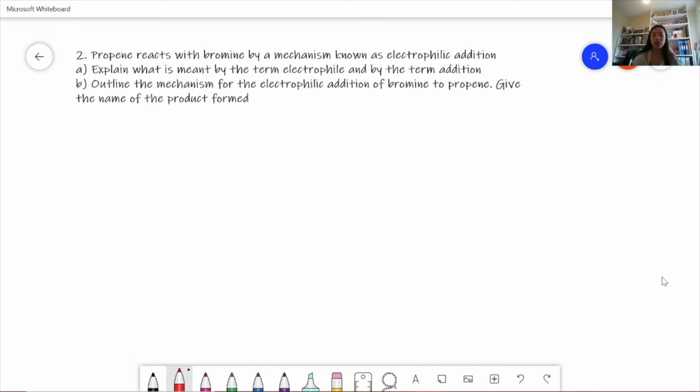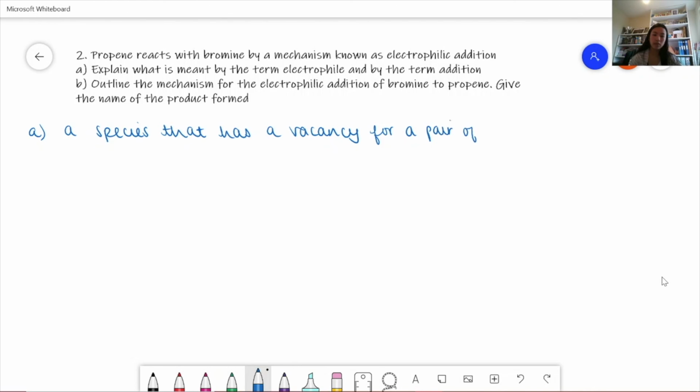So the definition of an electrophile is a species that has a vacancy for a pair of electrons to form a covalent bond.